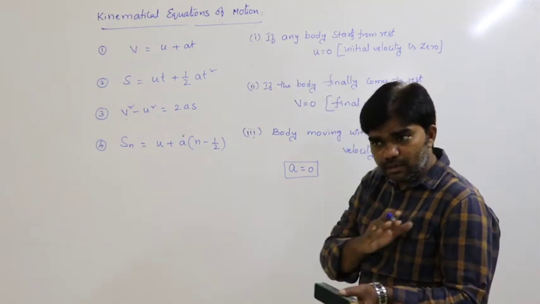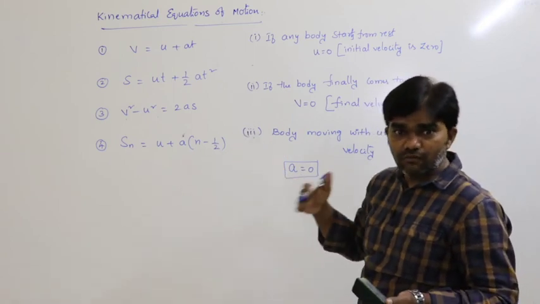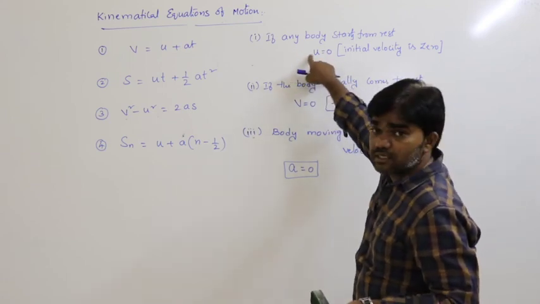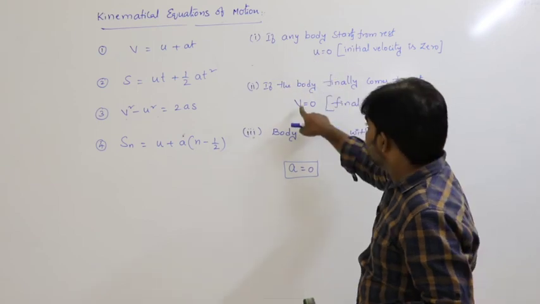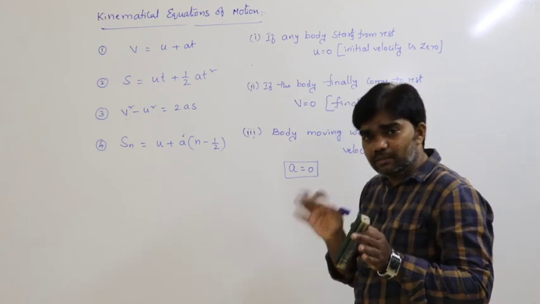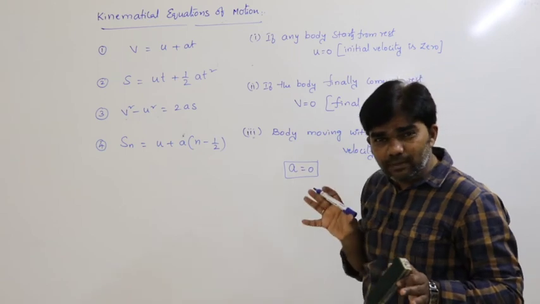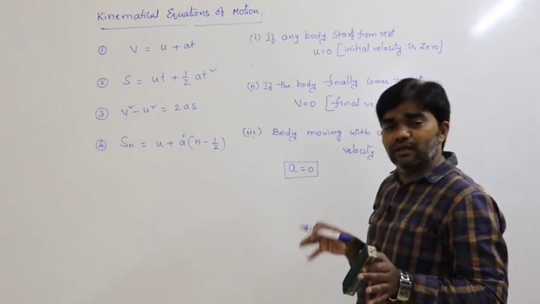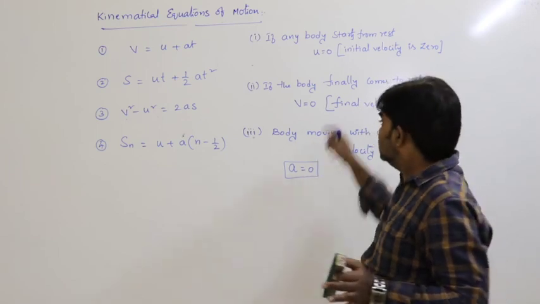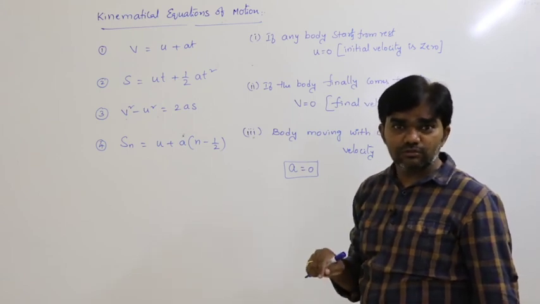Initially velocity is 0, but if the body moves, the velocity gradually increases. If the velocity of the body increases, this motion is called accelerated motion. And if the body finally comes to rest, that means the velocity of the body gradually decreases. Here the situation is applying the brakes. If we apply the brakes, the velocity of the vehicle decreases and finally comes to rest.